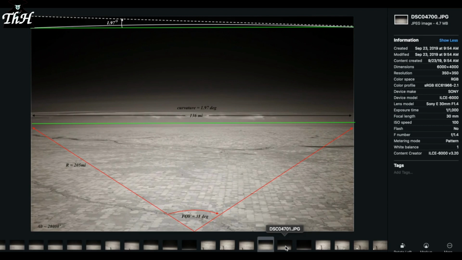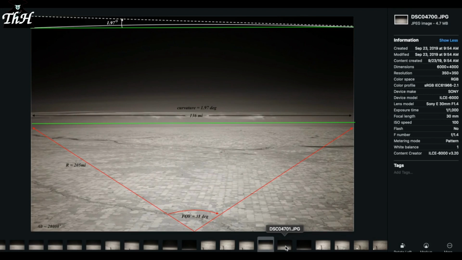So it roughly comes up to about half the distance in the center. And so we get a feel for the curvature. So obviously it should be quite noticeable, but as we can see in the image, it is extremely flat.